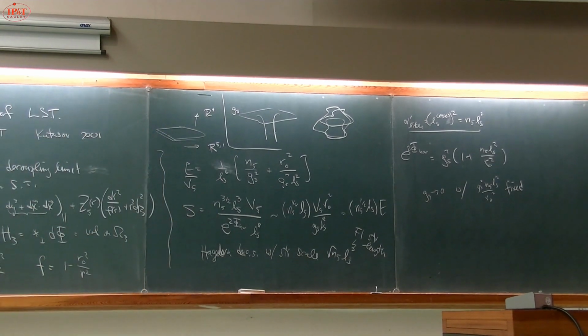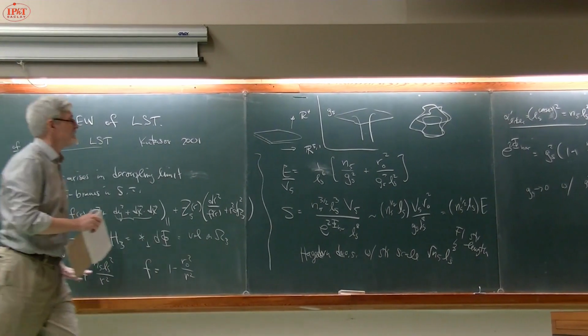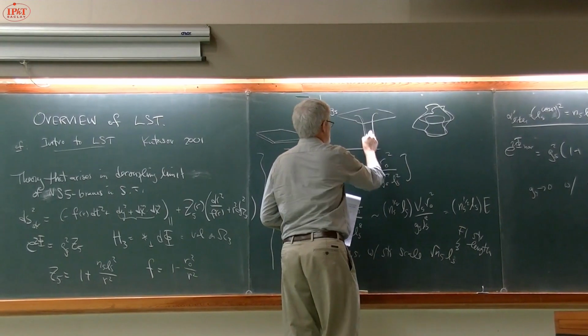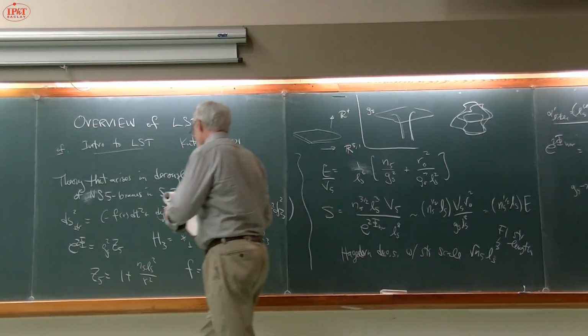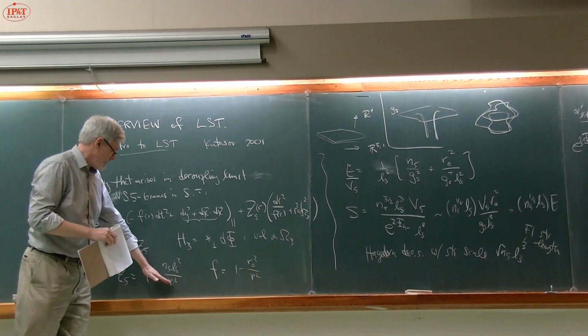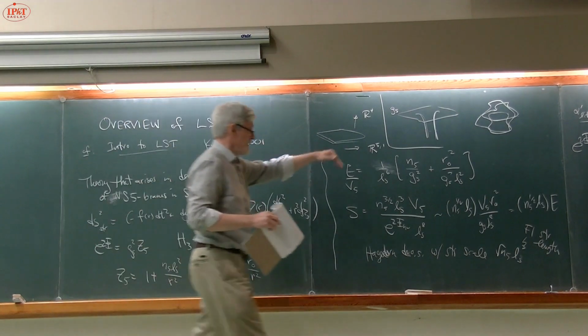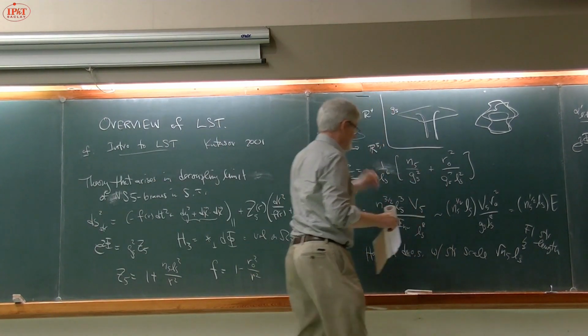If you're far away, r goes to infinity, the dilaton is just G string squared. Then you start going down this throat, and the dilaton grows like 1 over r squared, so it gets arbitrarily large as you go down the throat.